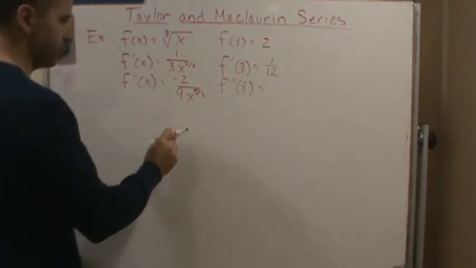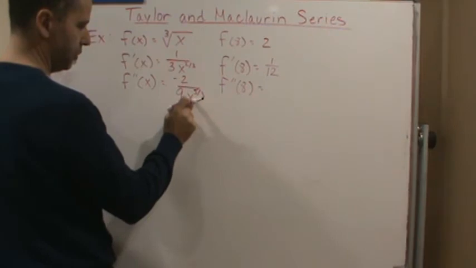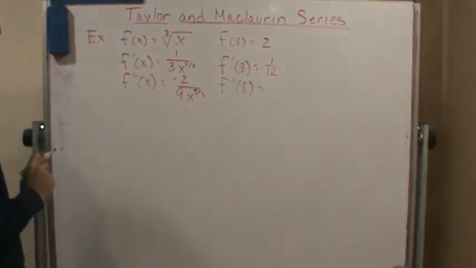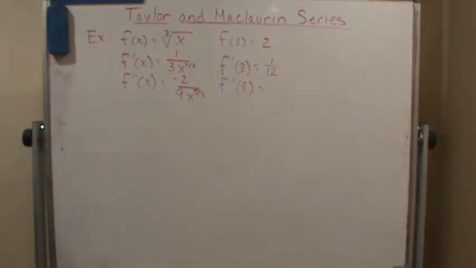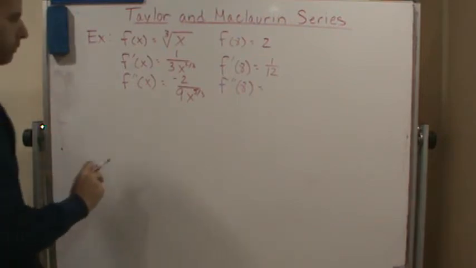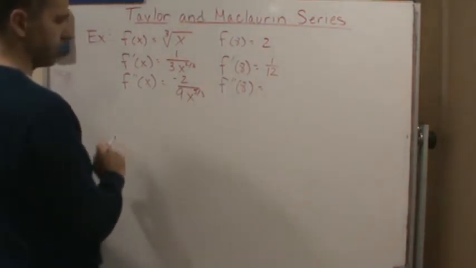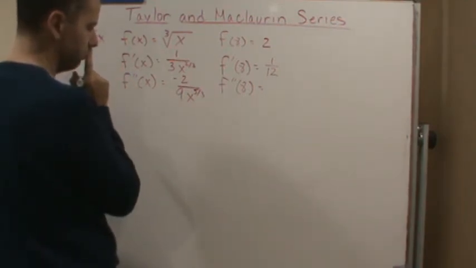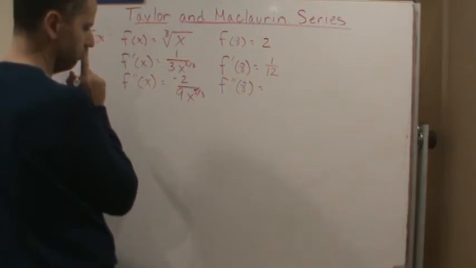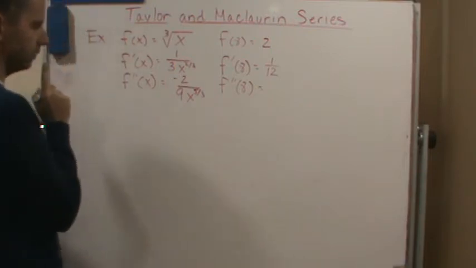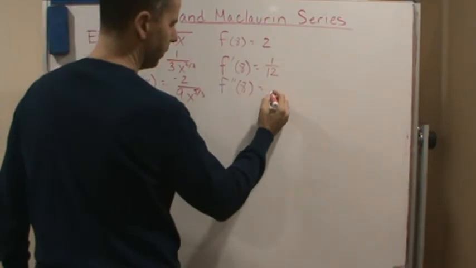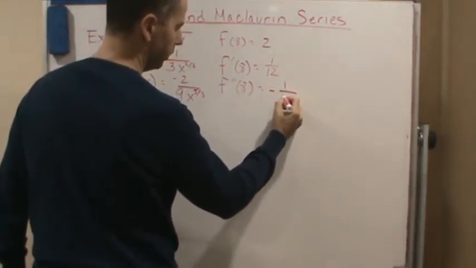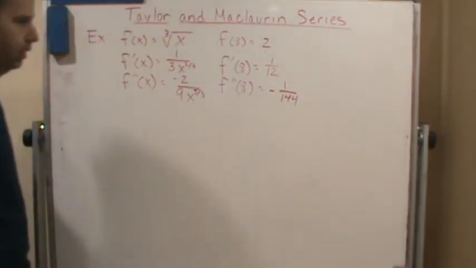And for this one here, again cube root of 8 is 2, 2 to the 5th is 32. So then 9 times 32 is 288. And so this is going to be negative 1 over 288.